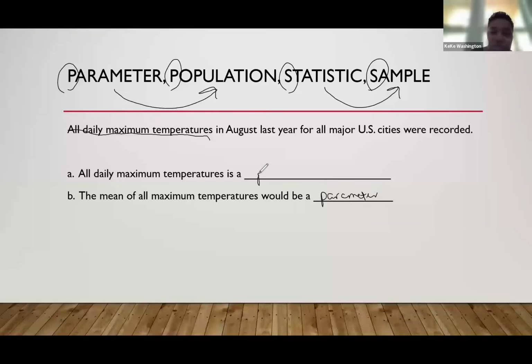All of the temperatures in themselves would be my population. Now, if I said, let's take 10 instead of all, then that will be a sample. And then if I say now calculate the mean of the 10, that will be a statistic.